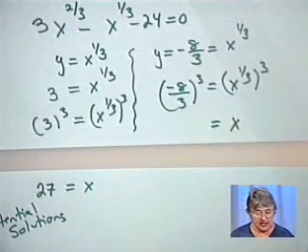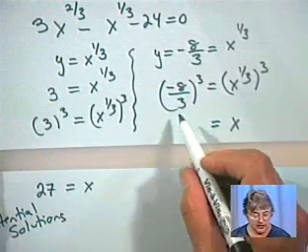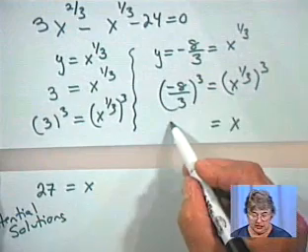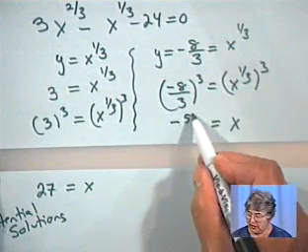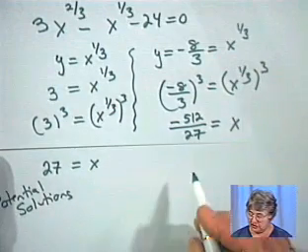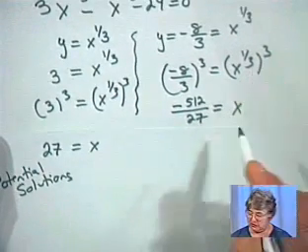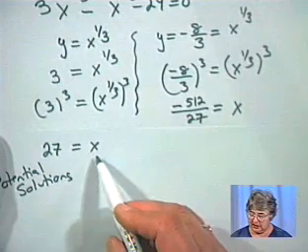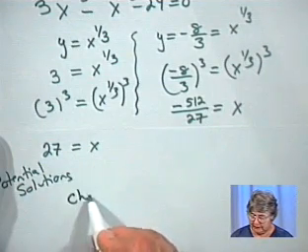On the left-hand side, we're going to end up with negative 8 cubed, which is minus 512 divided by 27. Okay, that's another potential solution. So we've got two potential solutions to look at, this one and this one. So let's do the check.